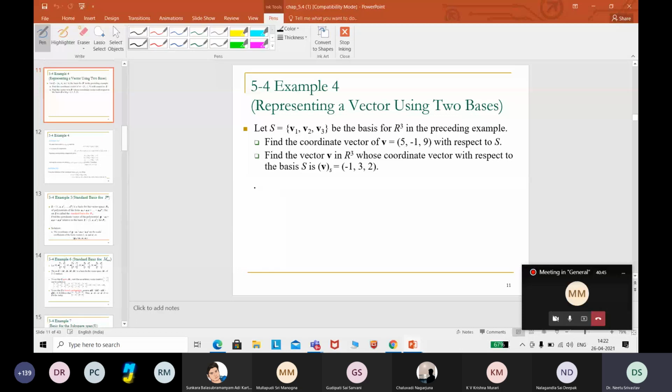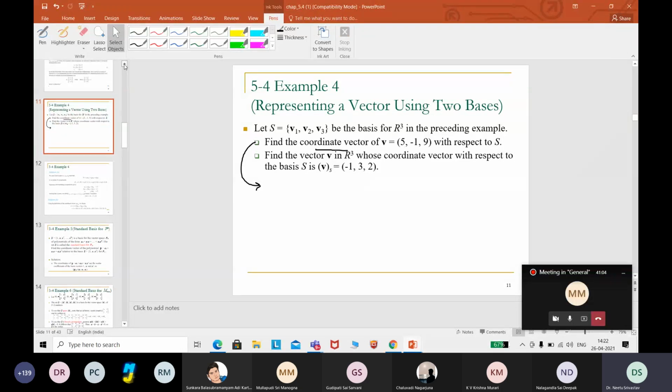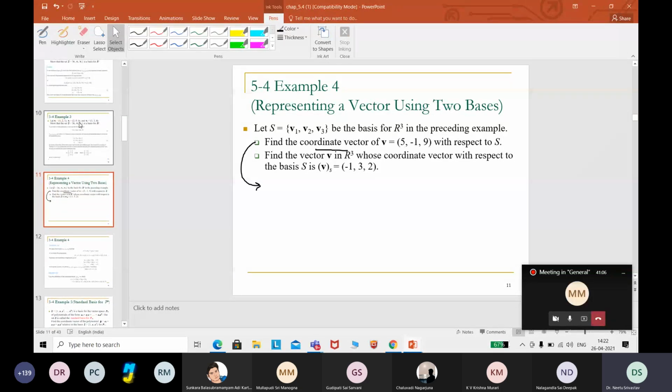Okay, so the first question is this bit. I want to find out the coordinate vectors, and I am given the previous vectors. V1 is given to you as 1, 2, 1.